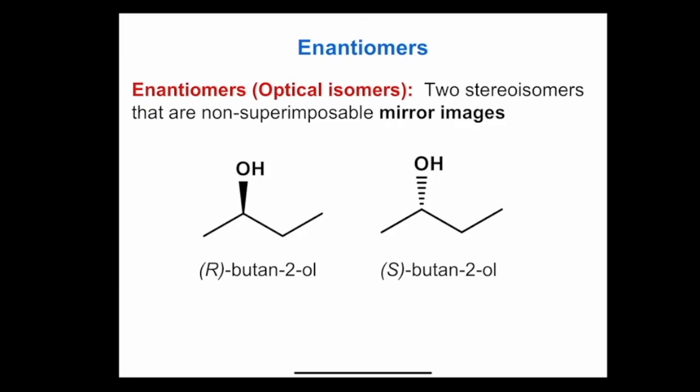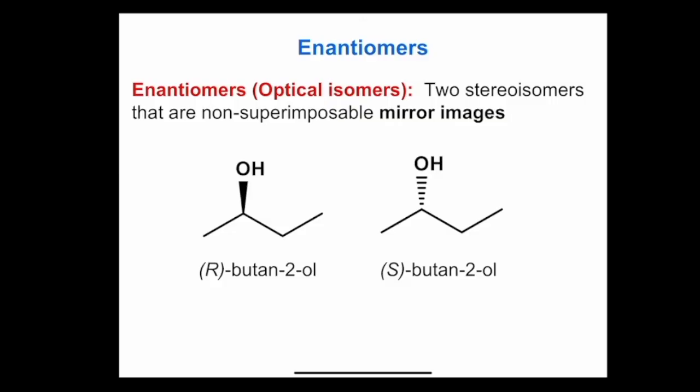But the things we talked about before, so for example, our butanol here, does it have an asymmetric center? Yep. Is it chiral? Yeah. It has one asymmetric center. Remember, what does it mean to be chiral?